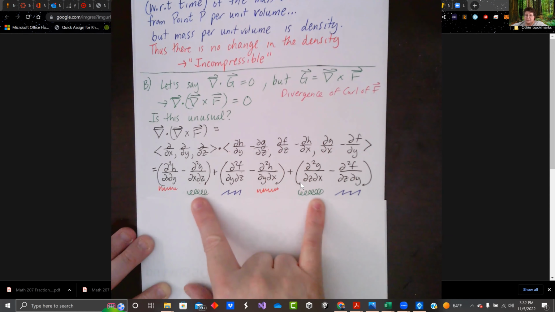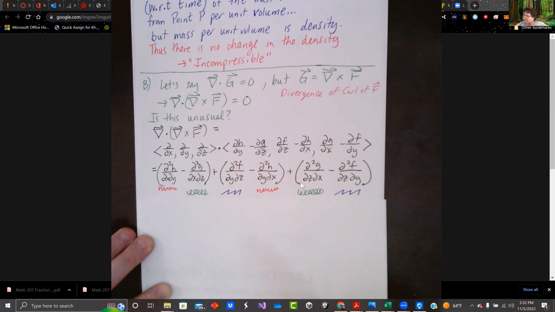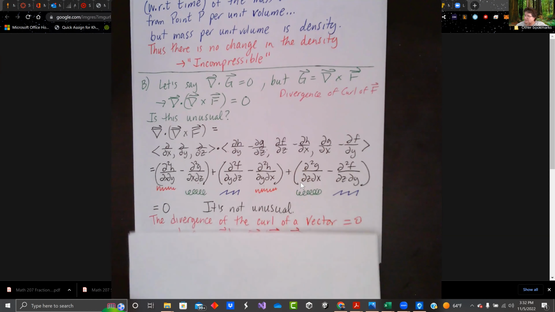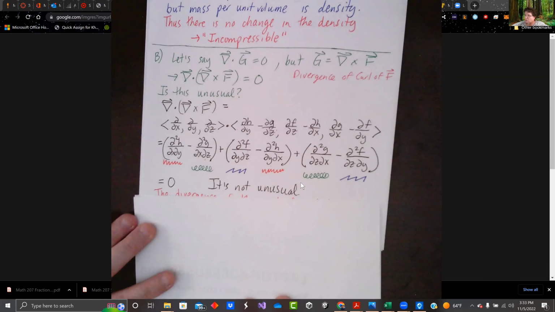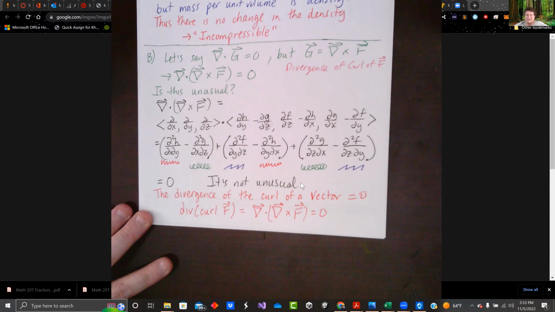The one on the left is negative. The one on the right is positive. They zero out. And then with respect to F, it's y and z. The one on the left is positive. The one on the right is negative. Those zero out. So the divergence of the curl of a vector field F is 0 all the time. This is not unusual. That is a rule. Divergence of the curl is 0.